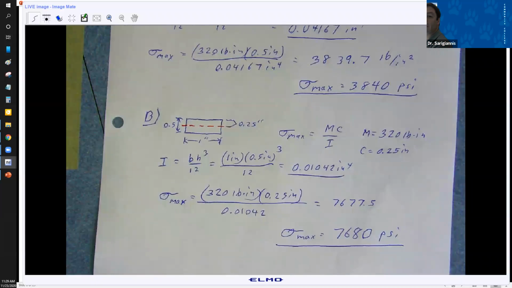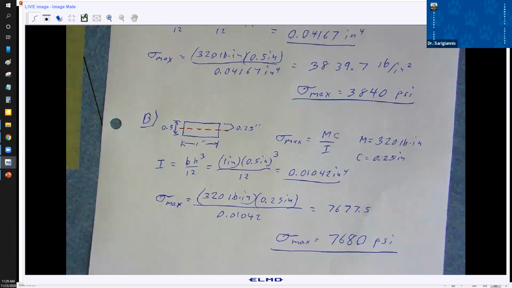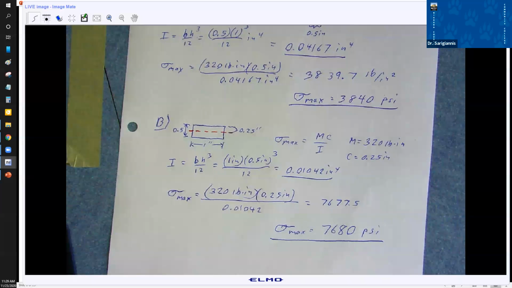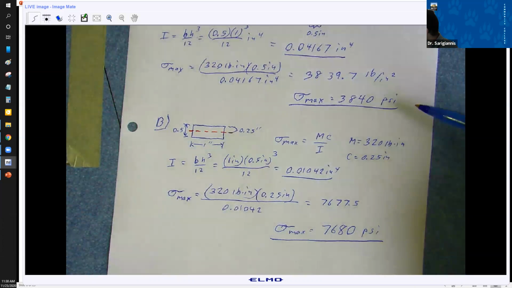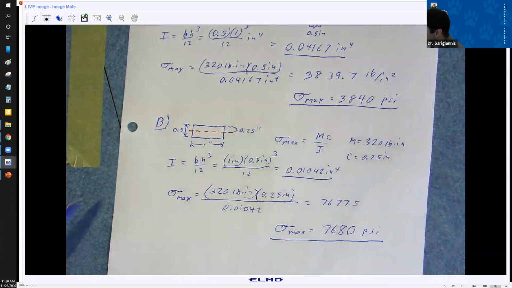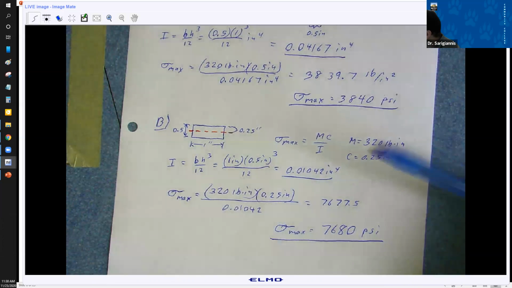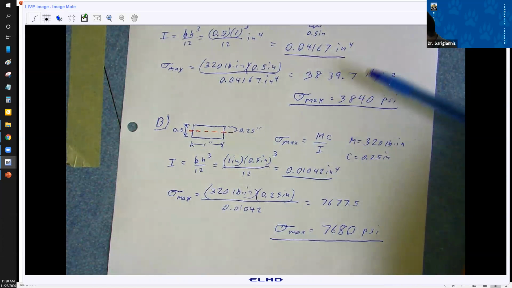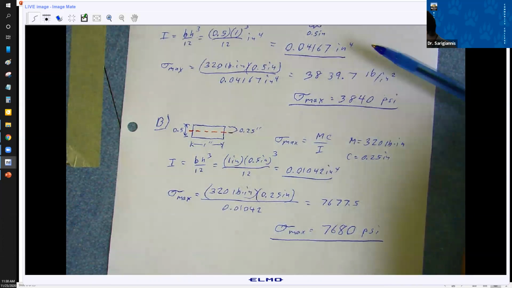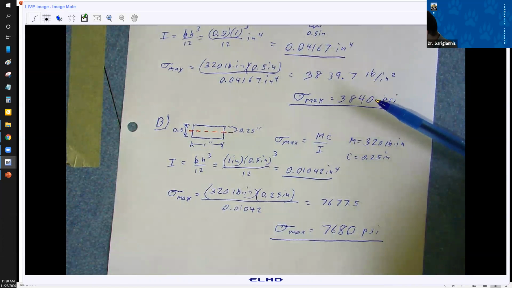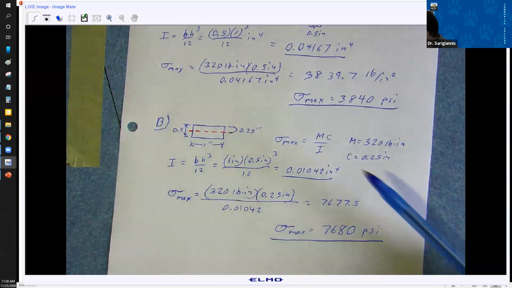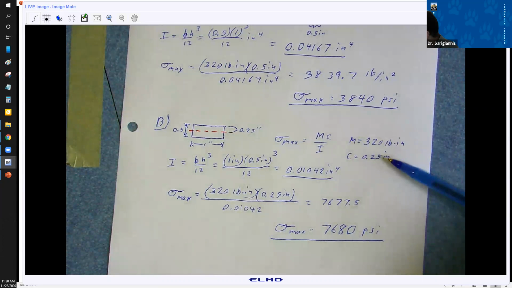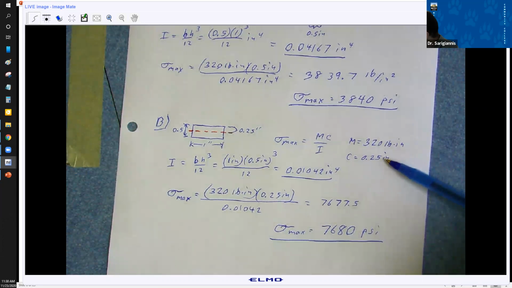Oops, I'm zoomed in a little too much today. Yeah, so notice that's twice the stress, right? Which kind of makes sense. We cut our moment of inertia by approximately a quarter, and we cut our C by a quarter.